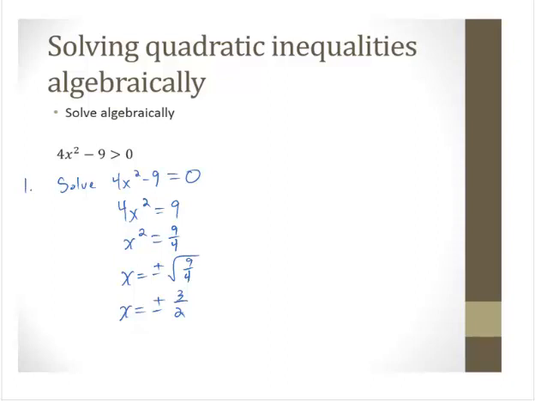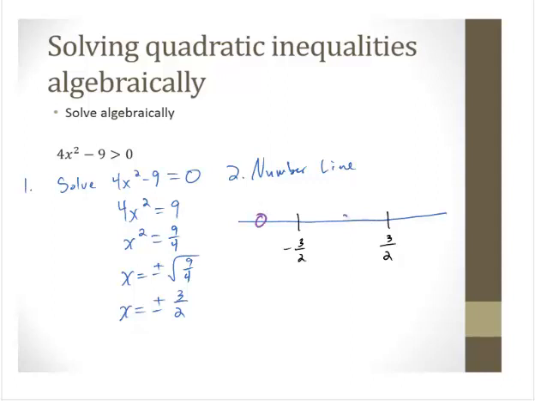Now I'm going to take my number line and break it up into 3 intervals. Here's my number line, and I'm going to put 2 important values on it: negative 3/2 and positive 3/2.